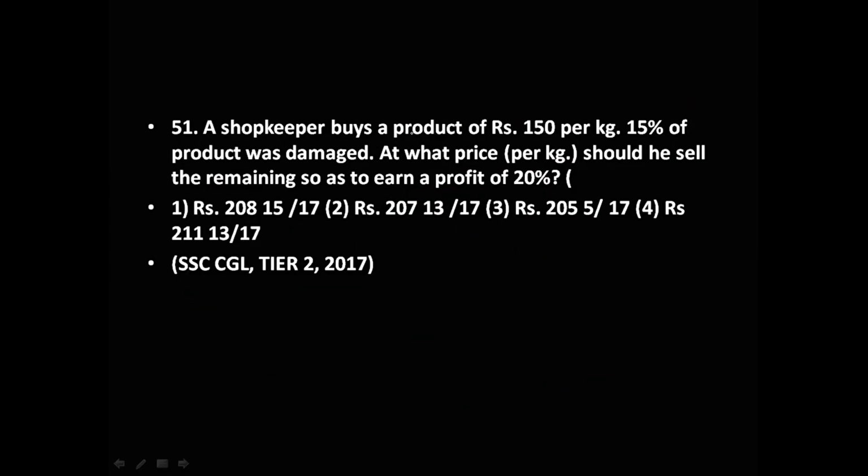A shopkeeper buys a product for rupees 150 per kg. 15% of the product was damaged. At what price per kg should he sell the remaining so that he earns a profit of 20%? So how will you solve it? Suppose the total amount is 100 kg. So total CP will be how much?